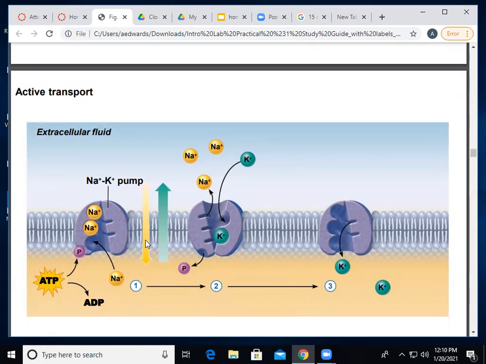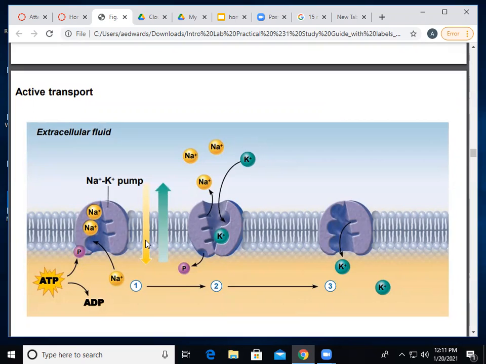So here we're moving sodium ions across the membrane, moving them out. But in order to do that, you need ATP. And you're going to bring potassium in.